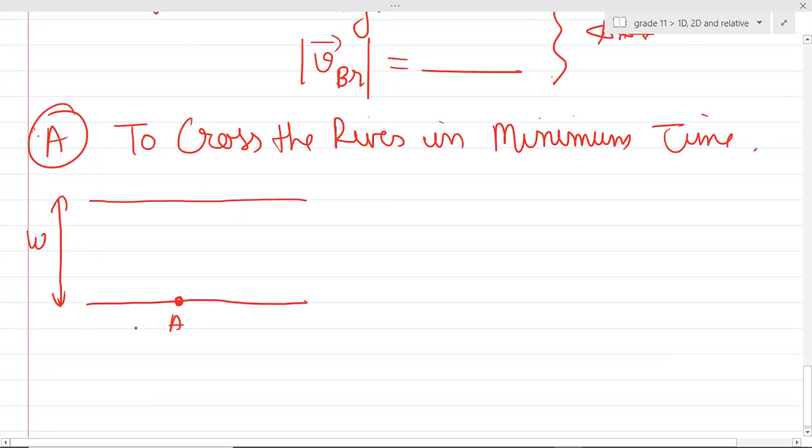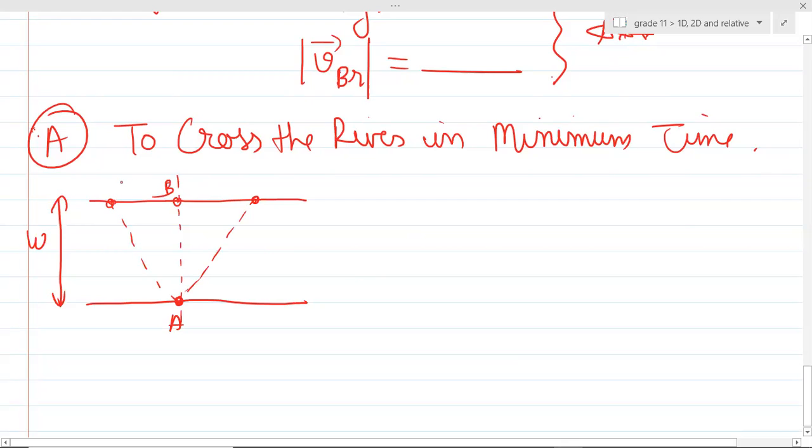If the river was at rest, what would be your direction such that the time taken by you is minimum?